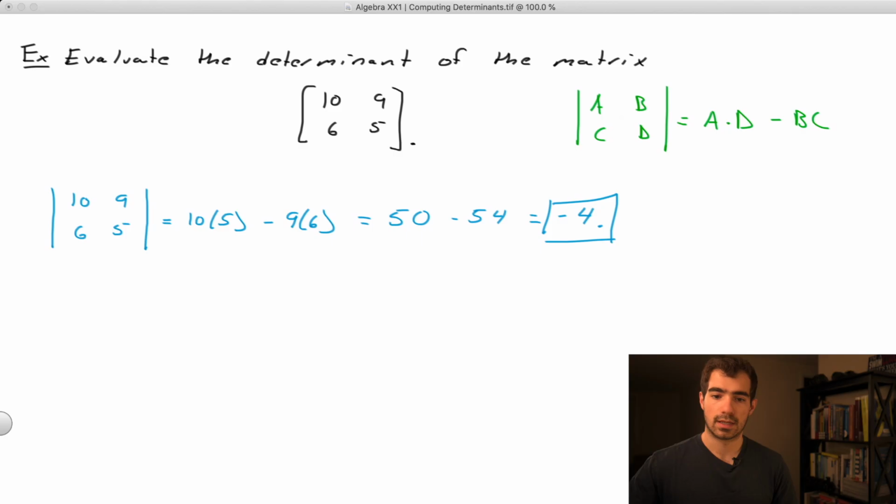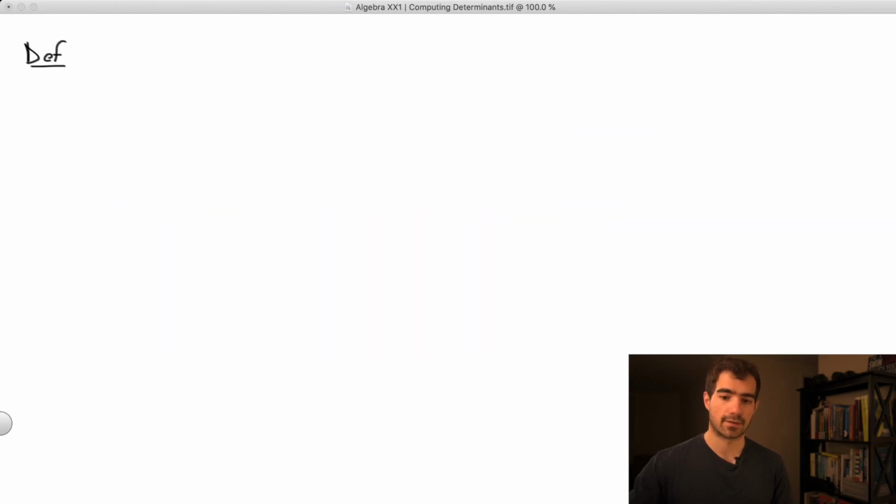But there's also a variation of this that works for 3x3 and 4x4 and so on. And so let's take this one step further to define this for a 3x3 matrix, so one with 3 rows and 3 columns.